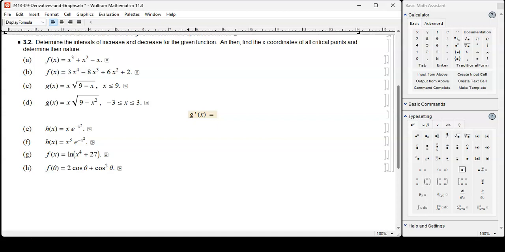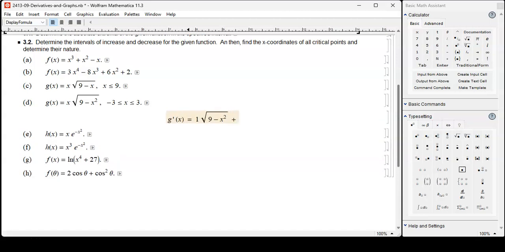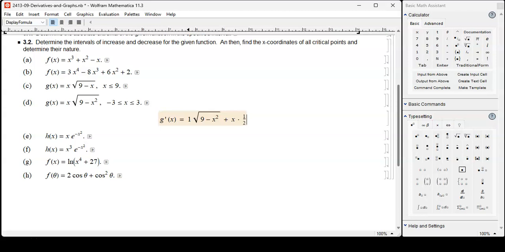So take the derivative by product rule. 1 times the square root of 9 minus x squared, all right? First function stays the same, and take the derivative: 1/2, and then subtracting 1 from the power, negative 1/2 power, and then you have to multiply the derivative of the inside. That's a chain rule, isn't it? Inside never changes, so 9 minus x squared just goes in there.